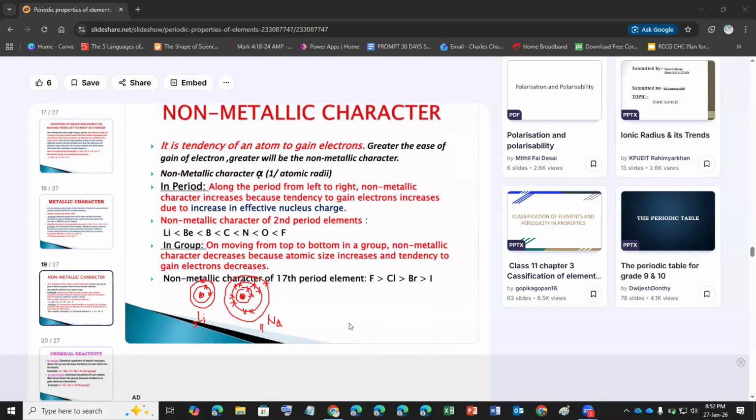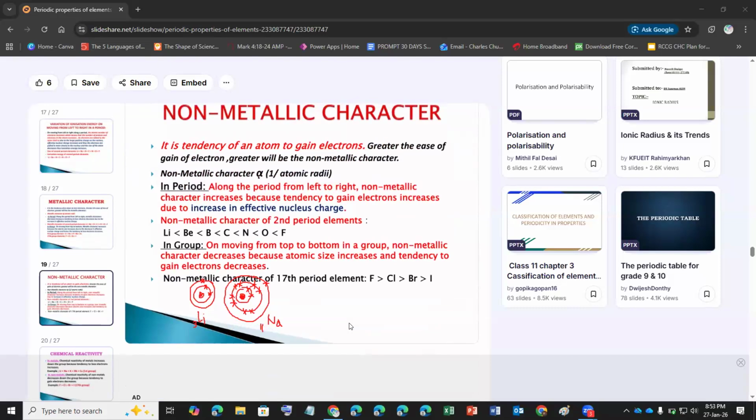The tendency of an atom to gain electrons is just the direct opposite. Okay, it makes sense. Along a period from left to right, non-metallic character increases. Why? Because there's a stronger pull from the nucleus on what? Electrons in the outermost shell.